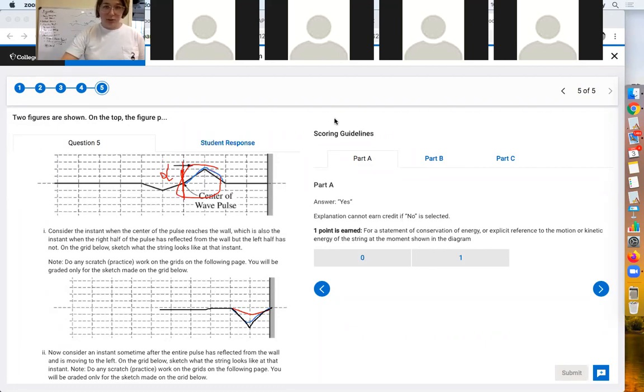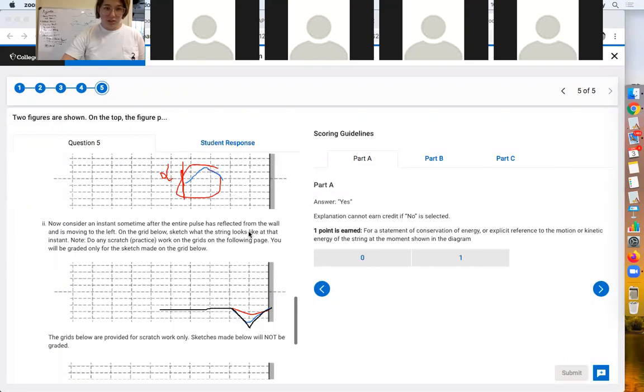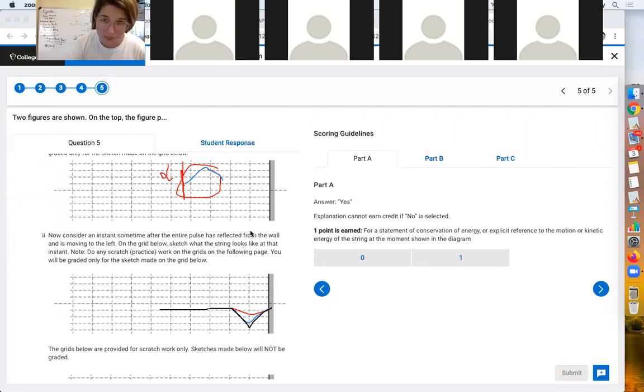And then the next part of the question is now consider, clear my annotations. So now consider what's going to happen after some more time has passed. Let me really quickly check. Okay, so they don't give you a particular time instance, which means they don't care where it's drawn, just that it is drawn in completion. And so basically what you want to draw is an inverted graph.